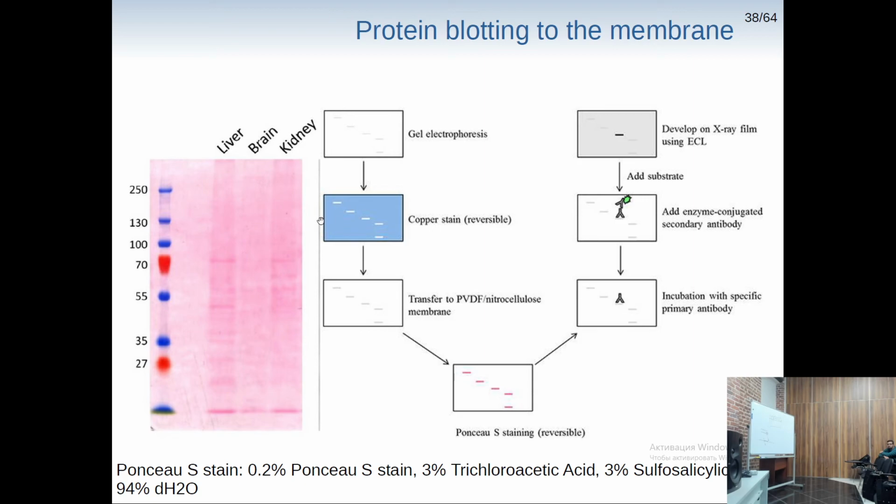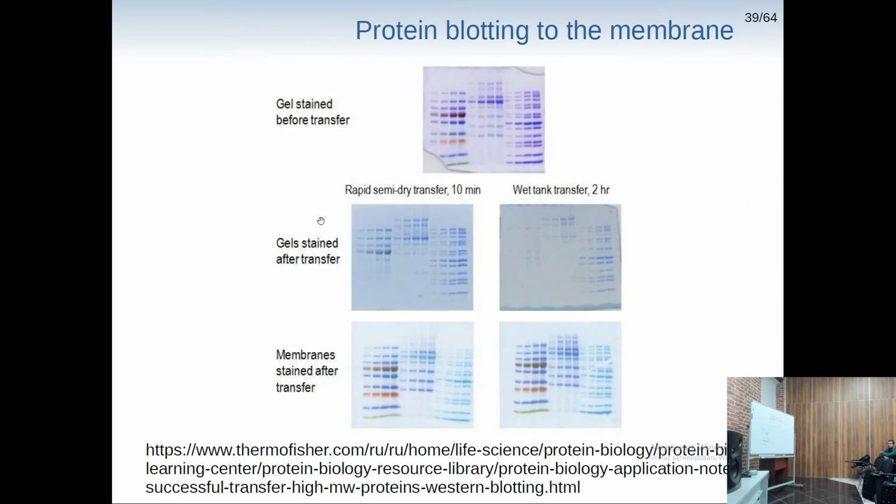So now we have a membrane, either nitrocellulose or PVDF, and I have to remind you that for PVDF membrane you have to use methanol, otherwise no protein will be able to bind to this membrane. With nitrocellulose it's not necessary. And we can actually stain the gel after transfer.